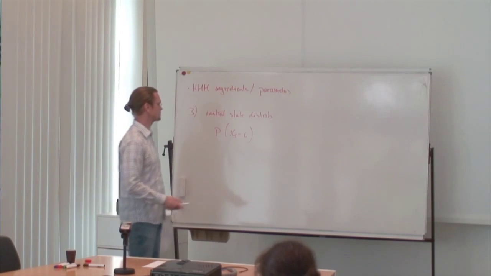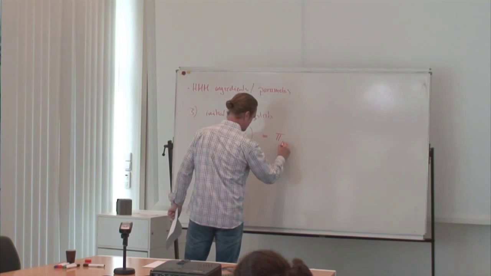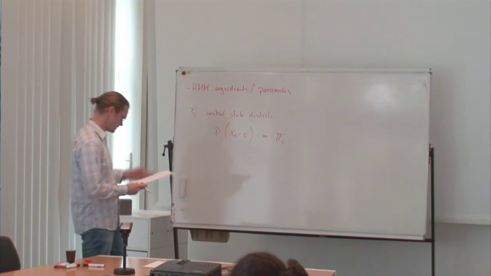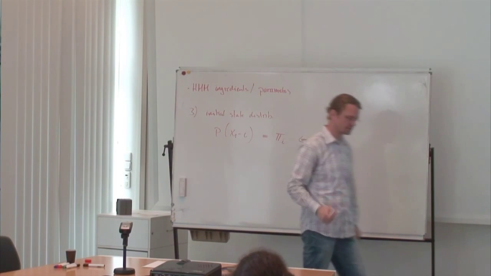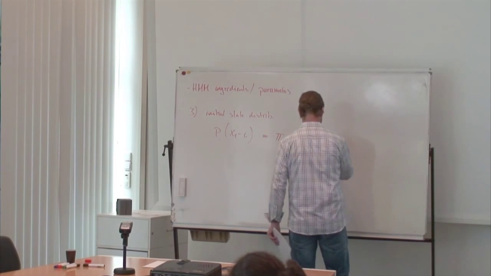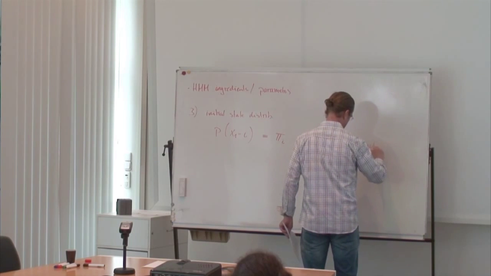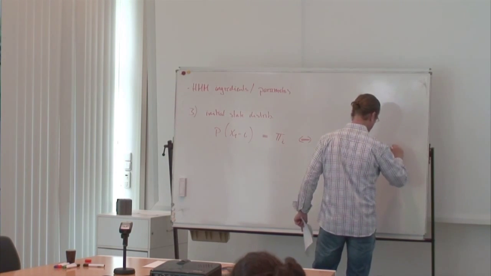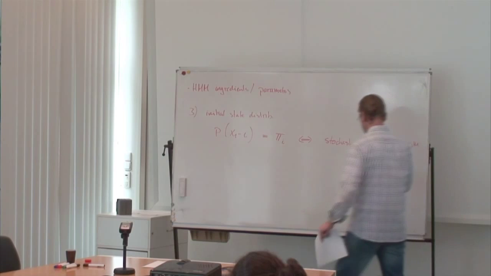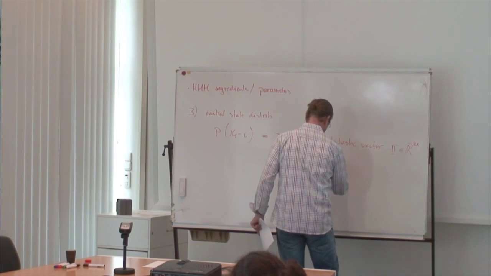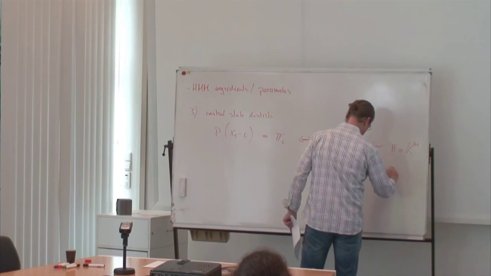This is what this is supposed to express, and again, this is abbreviated using pi I. So pi I is an element of a stochastic vector. So we have a stochastic vector pi of the dimension of the number of states we have. And just as with these matrices, pi I has to be greater or equal than 0, and the sum over pi I has to be 1.